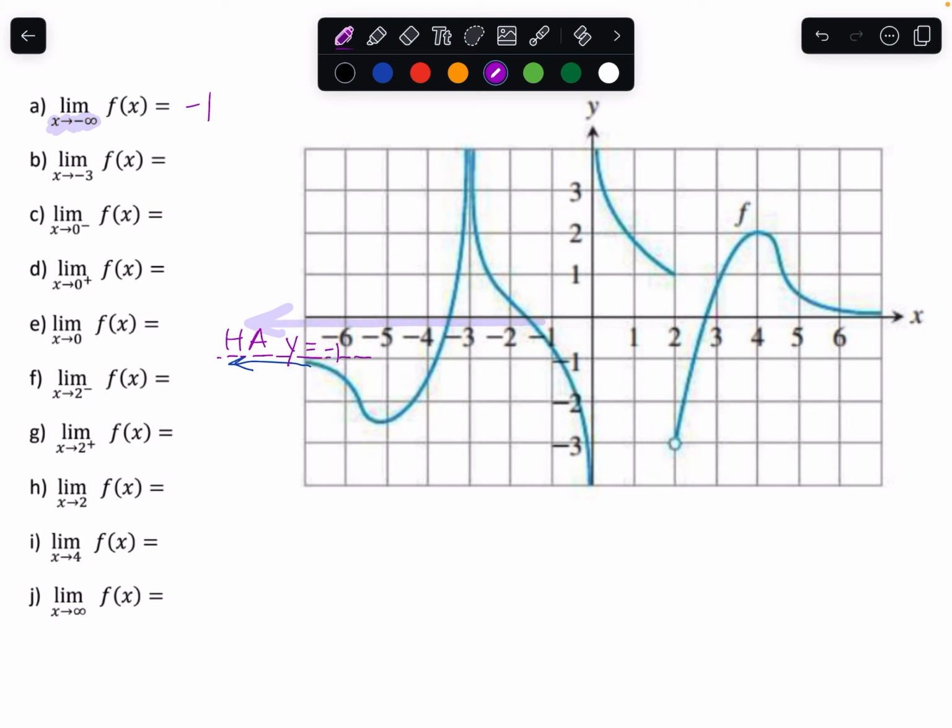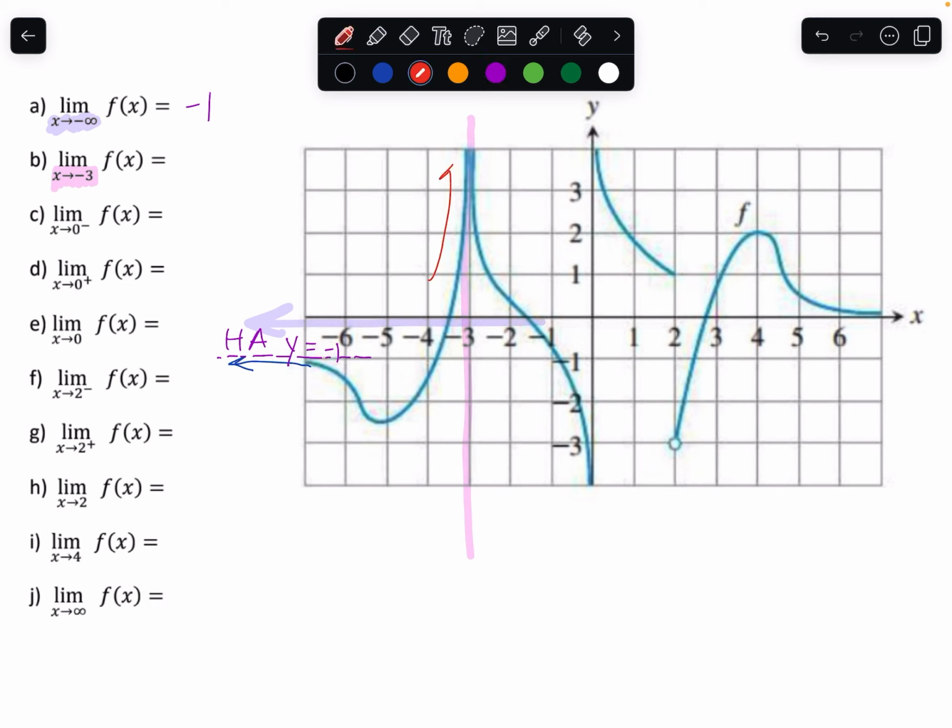All right, now let's look at the next one, which is the limit as x approaches -3. And x approaches -3 is this vertical asymptote right here. So as x approaches -3 from the left and the right side, where is the graph going?